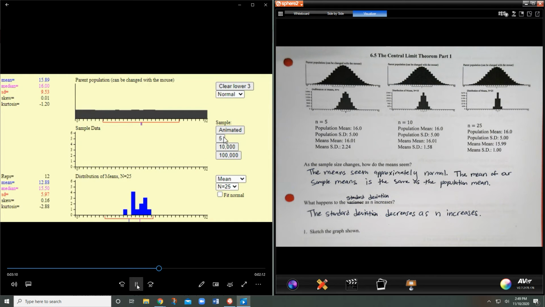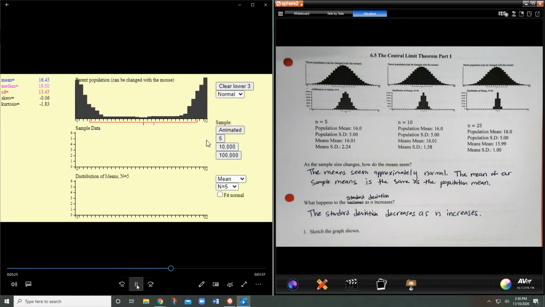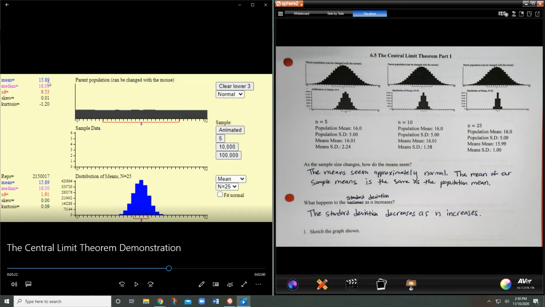And now as we take more samples, we can see that the mean of our distribution actually is the same as our population. So here our mean is 15.89 and here our mean is 15.89. And we have an approximately normal distribution here.